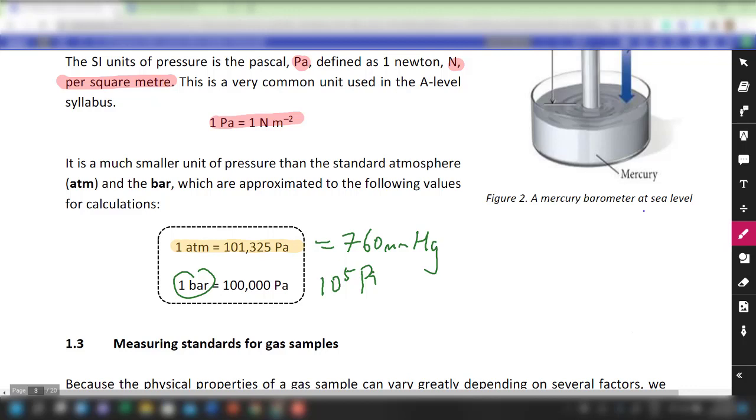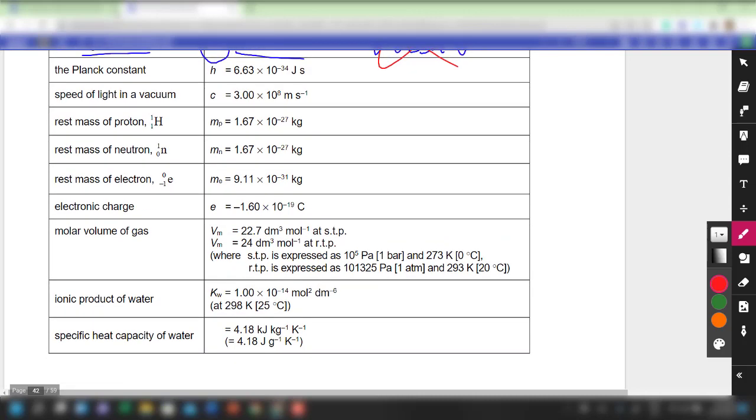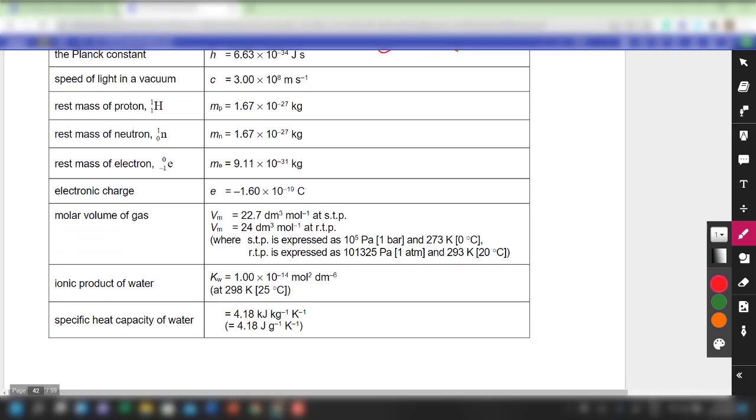Now a lot of standards are defined using bars rather than atmosphere, but it's important for you to know the exact values for one atmosphere. It's given in your data booklet as well, under the molar volume of gases. Take note that RTP is expressed as 101325 Pascal, 1 atmosphere. There isn't a need for you to memorize because it's given to you.